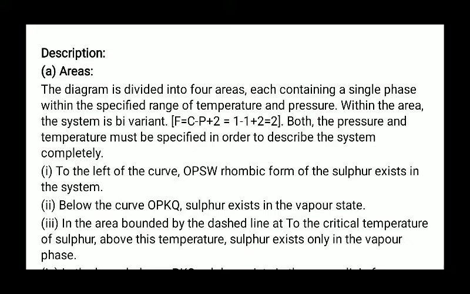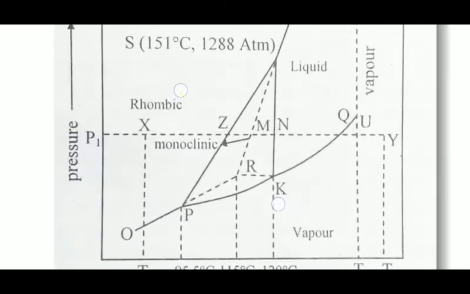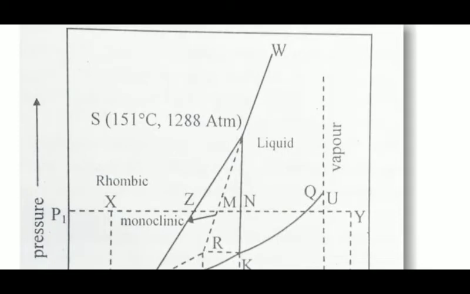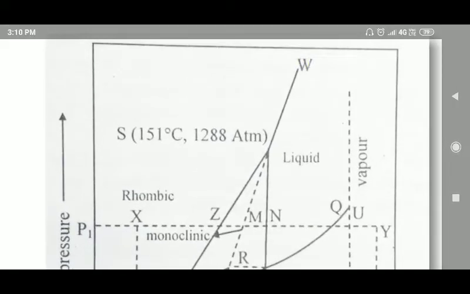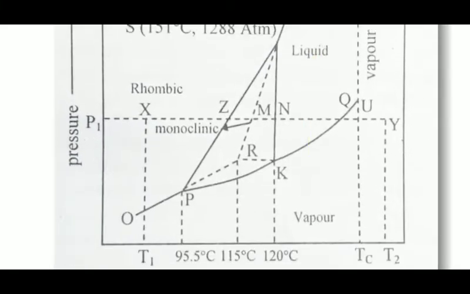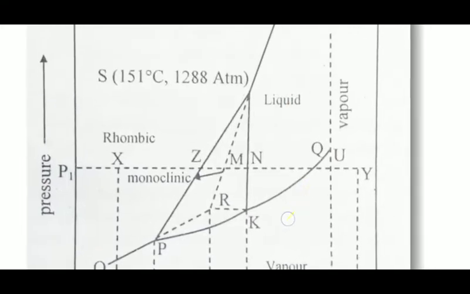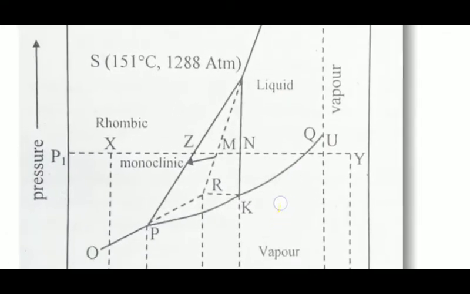To the left of the curve OPSW, the rhombic form of sulfur exists in the system.